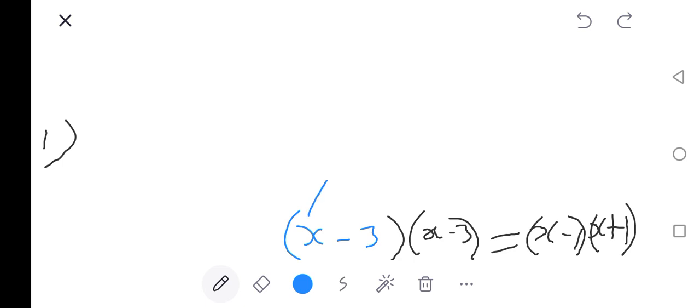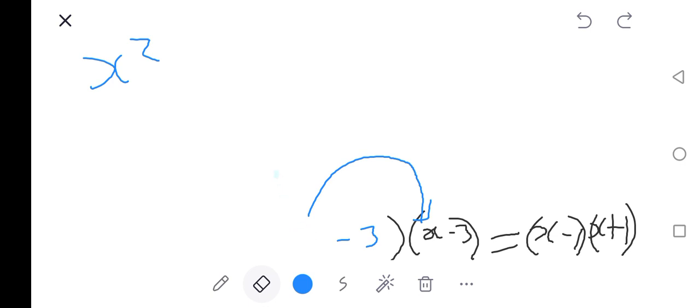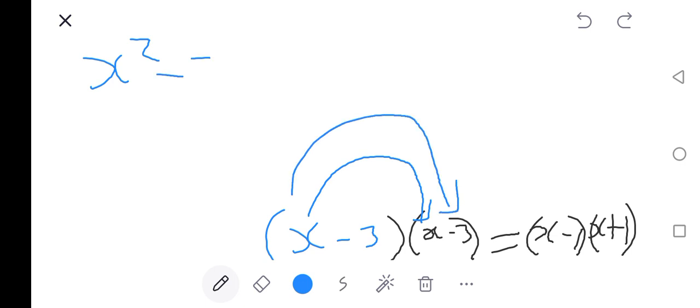Okay, so now what are we doing? This x multiplies this x to give you x squared. Again, this x multiplies this number, it gives you negative 3x.